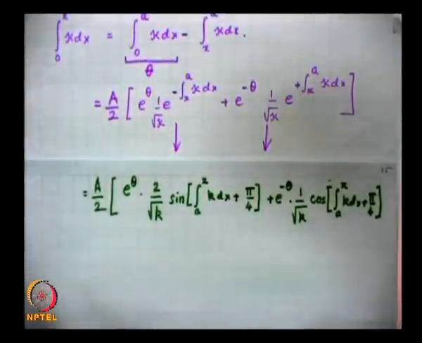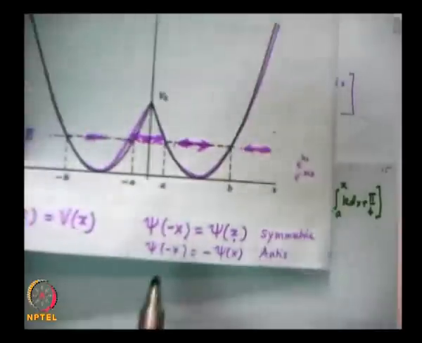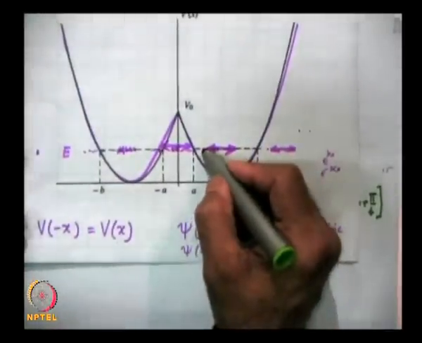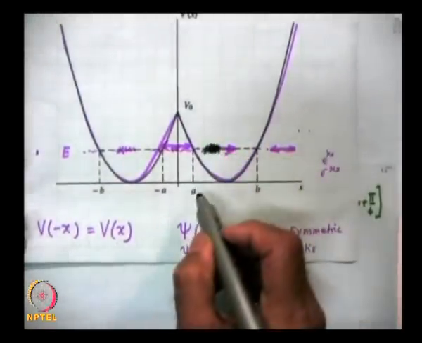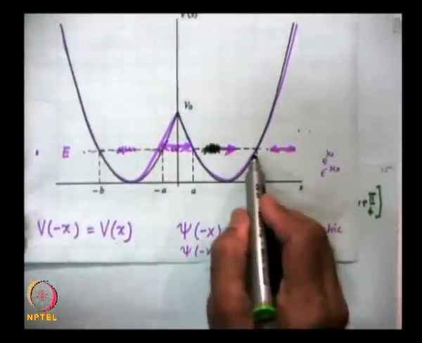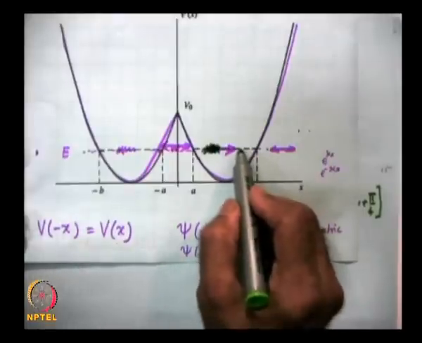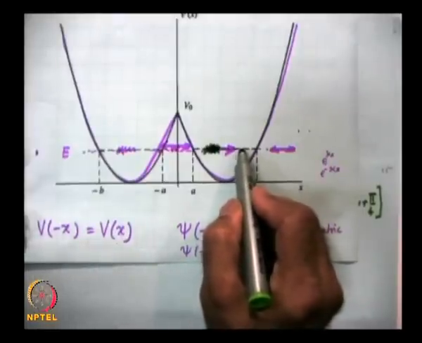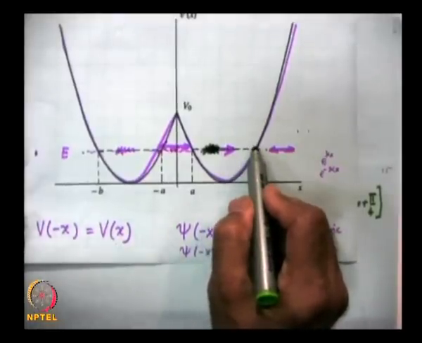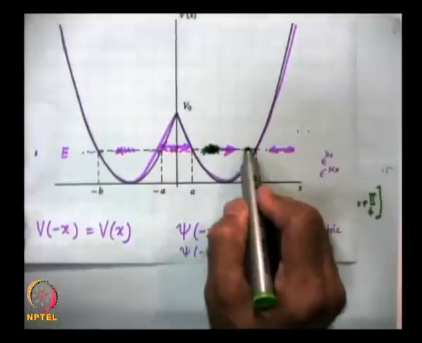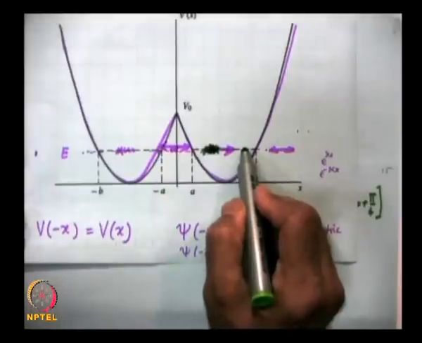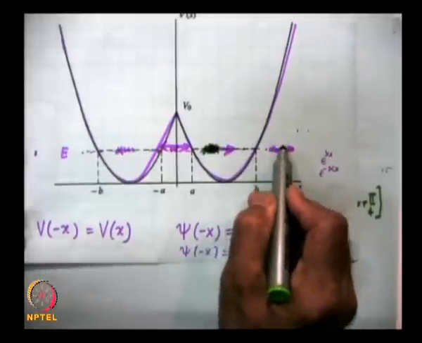Now I have obtained the solution in this region. Now, I must write it as integral from x to b, so that I can use the connection formulae to hop from here to there.